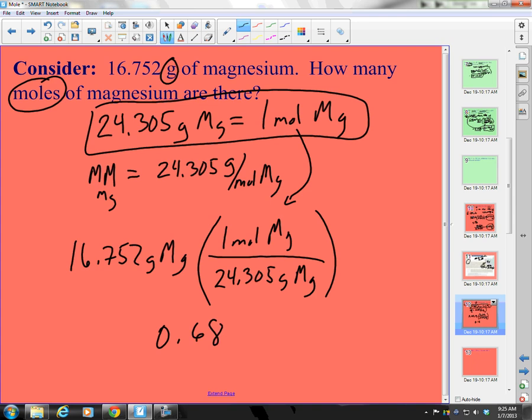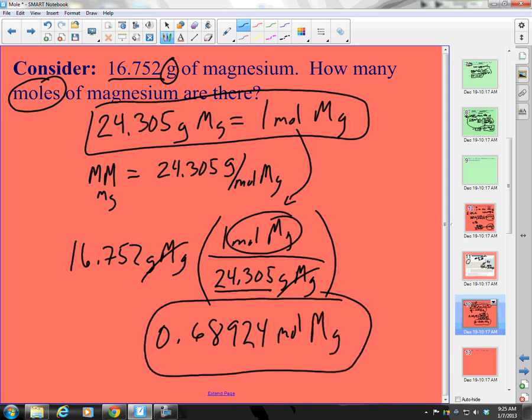How many sig figs? I get 5 here, and I have 5 there. I have to have 5 sig figs. Holy cow. 0.68924. What are my units? Grams of magnesium cancel. What am I left with? Moles of magnesium. Yoo-hoo! 0.68924 moles of magnesium. Excellent.